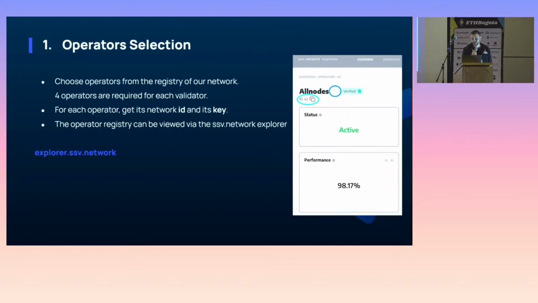For operator selection, you can use our Explorer, where you can browse all the operators and their performance, as Ariel mentioned, and choose which ones you want to use for your validator. Once you've chosen them, copy their ID and public key, as shown in the image, and we will need them for generating the key shares.